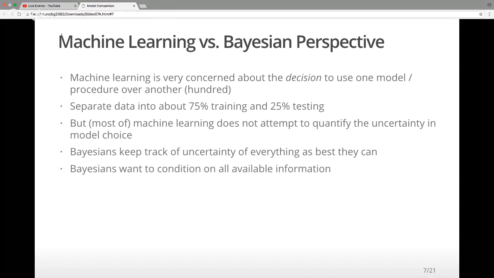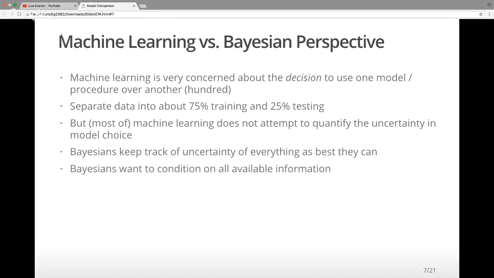Also, there's a pretty strong inclination among Bayesians to condition on all the available information, all the available data that they have, in order to get a posterior distribution that is the most concentrated and gives the least amount of uncertainty about the parameters that they're trying to estimate.